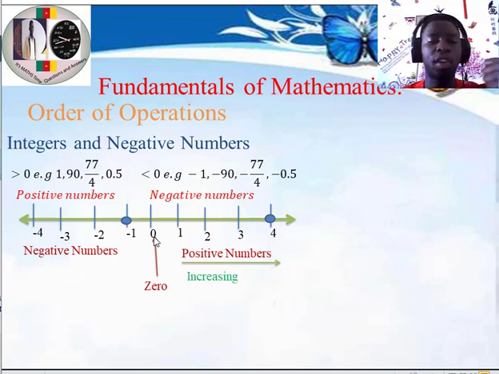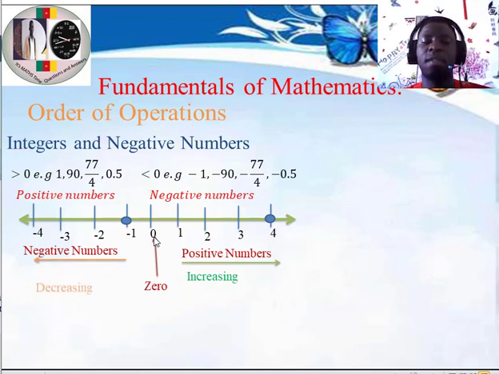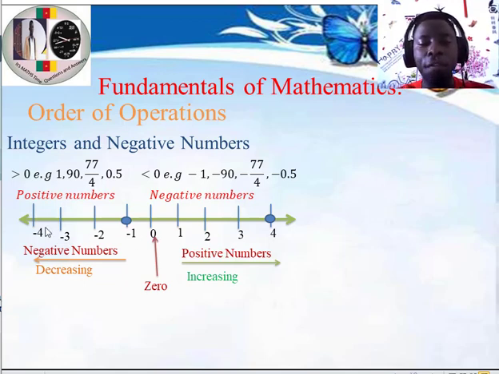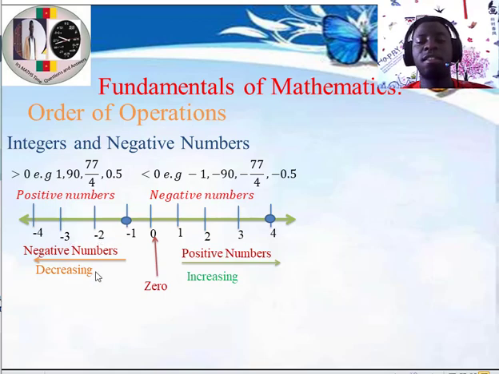But as we go to the left, the negative numbers decrease. What do we mean? Meaning that minus 4 is less than minus 3, minus 2 is less. Okay? So what else can we get from a number line?